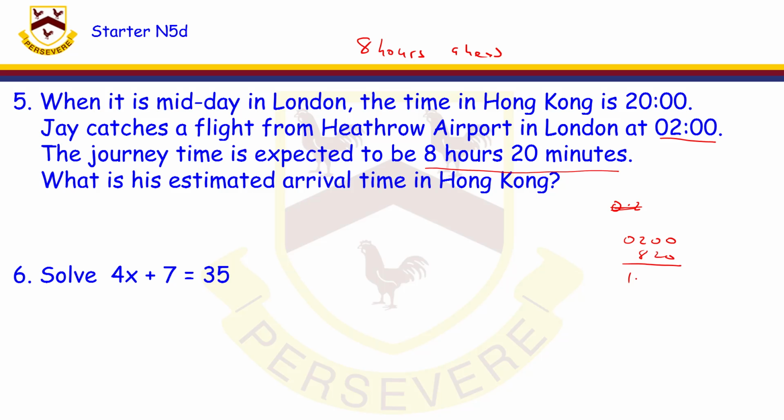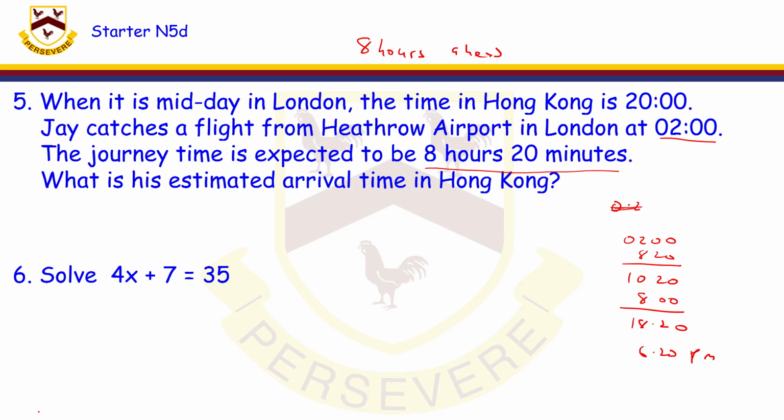So that's going to be at 10:20. But there's also an 8 hour difference, so I need to add that 8 hours on. So it's 18:20, which is also 6:20 p.m. Don't forget p.m.